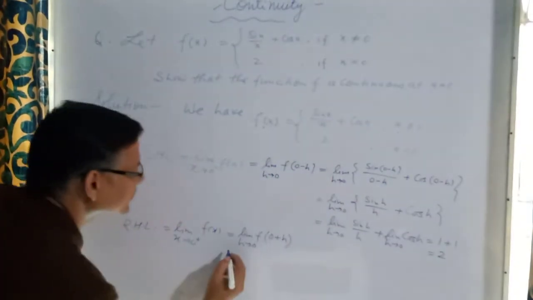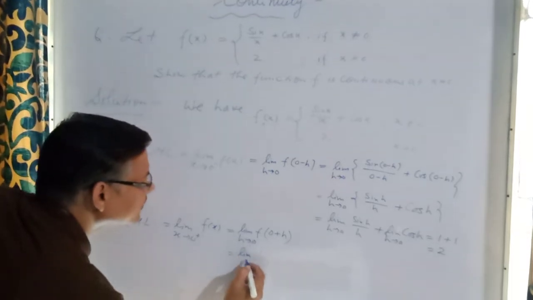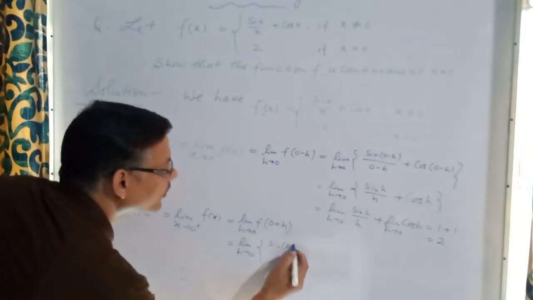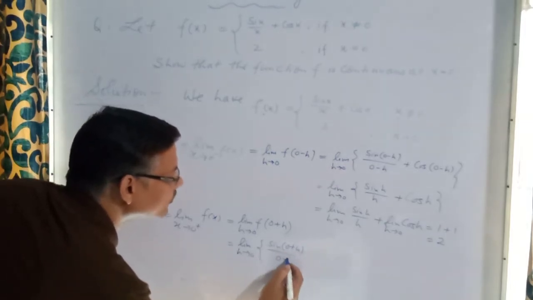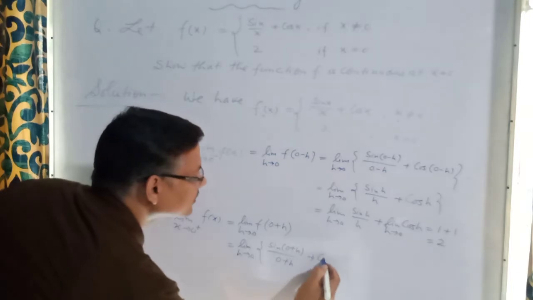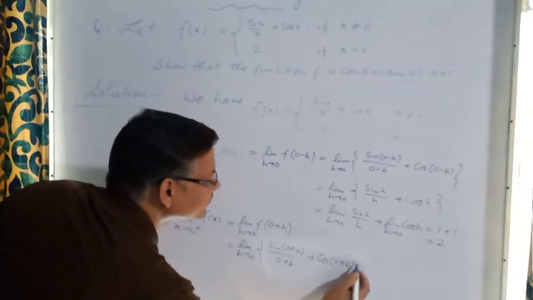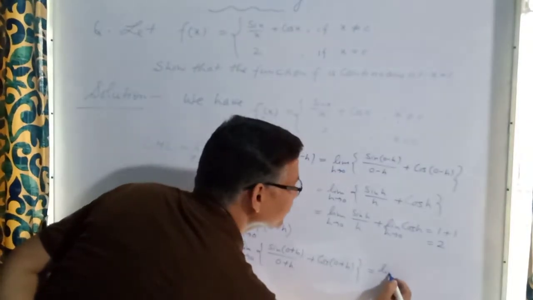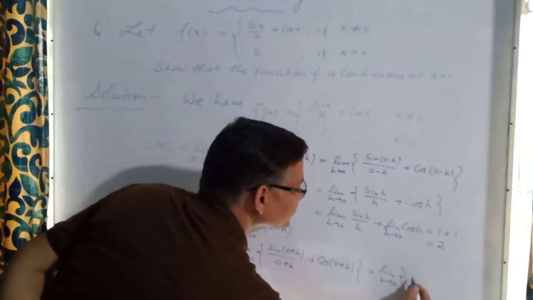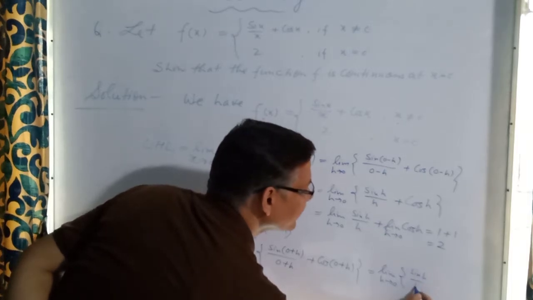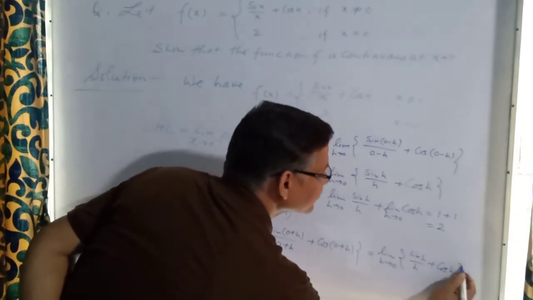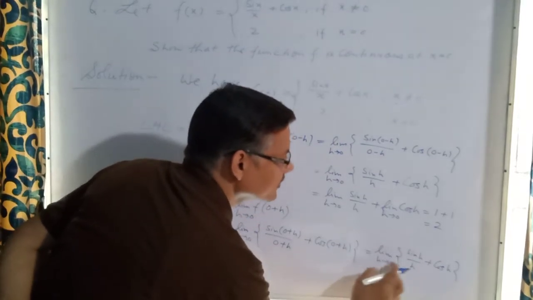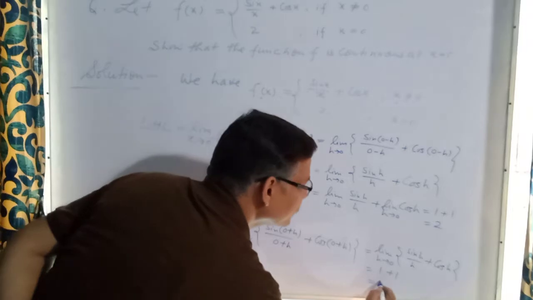So we get limit h tends to 0, writing sin(0 plus h) divided by (0 plus h), plus cos(0 plus h). When we simplify, we get limit h tends to 0 of sin h by h plus cos h, and again it is 1 plus 1 by formula, equal to 2.